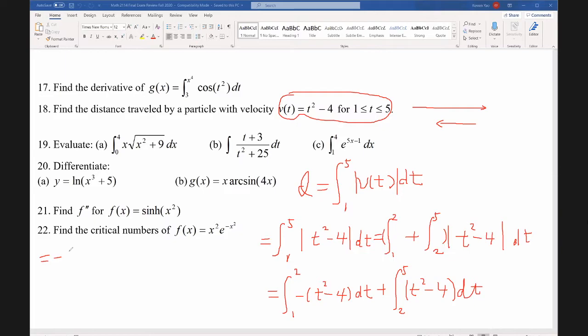Antiderivative for t squared will be 1/3 t cubed, and for 4 it is 4t, right? By FTC part 2, you have to evaluate from 1 to 2, right? Now for the second part, use FTC part 2 again. t squared will be 1/3 t cubed.